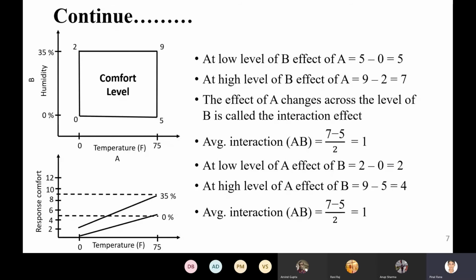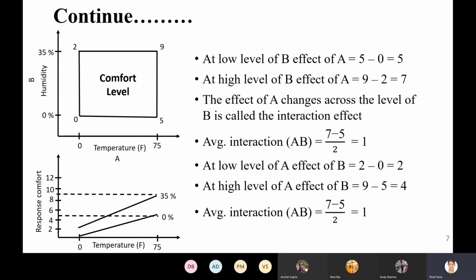The average interaction is calculated by the average difference between the low level of B effect on A and the high level of B effect on A, which is given by (7 minus 5) divided by 2, which is 1.